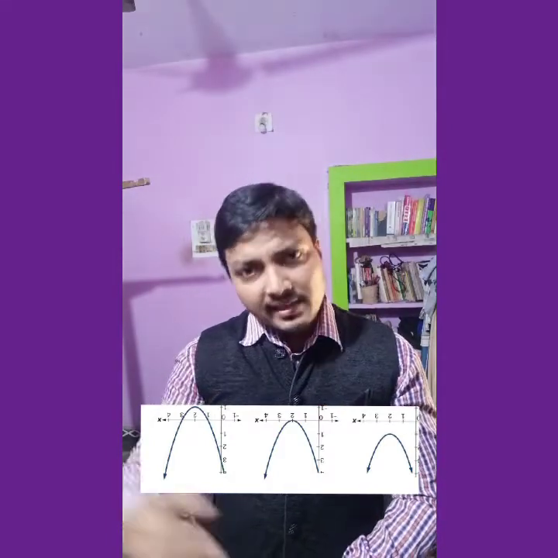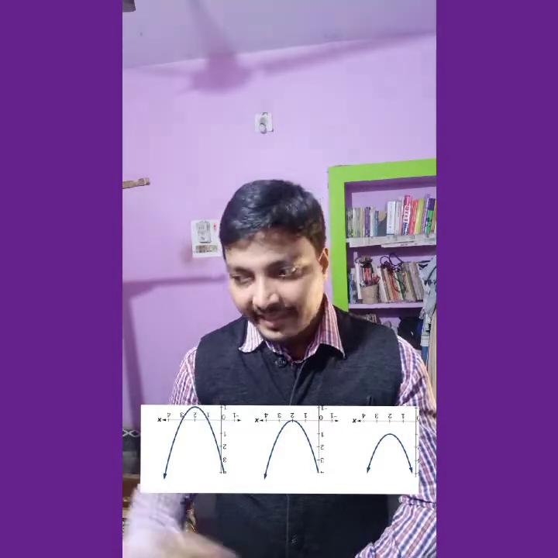So whenever a is less than 0 and it has two different zeros, it intersects the x-axis at two different points. All these things we are discussing only for a less than 0.